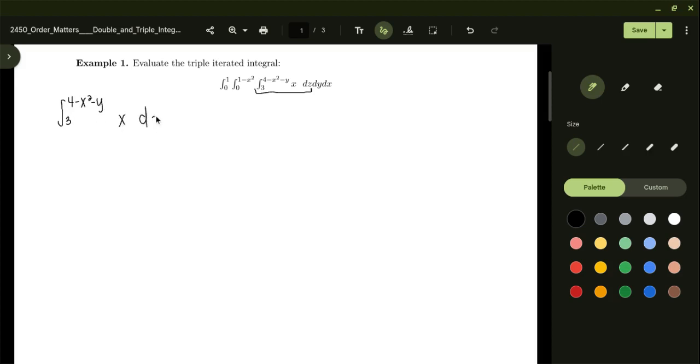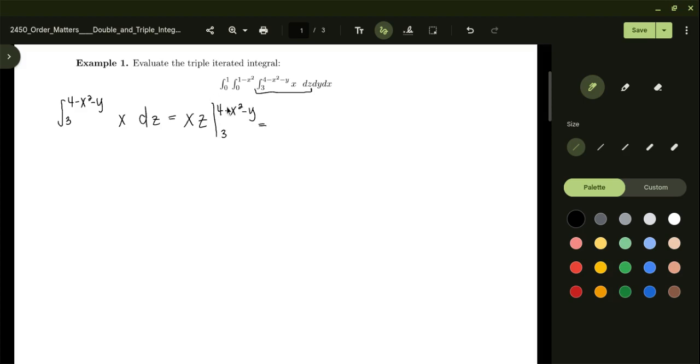Integration uses the same process that we learned in Calc 2. We can use the same rules. The only thing that's changing that we need to be cognizant of is this order. Integrating x with respect to z is just x times z. We also can't forget about these bounds: we're integrating from 3 to 4 minus x squared minus y.